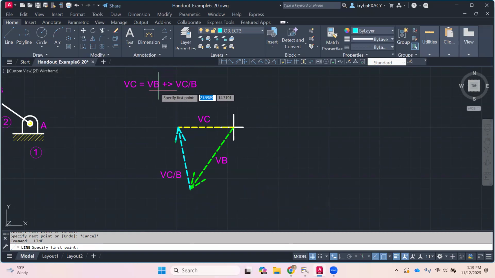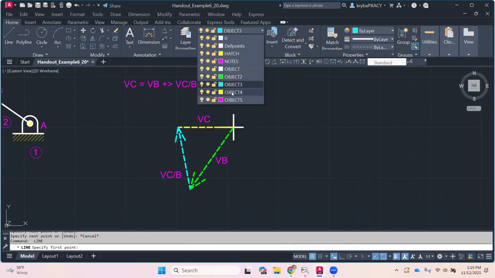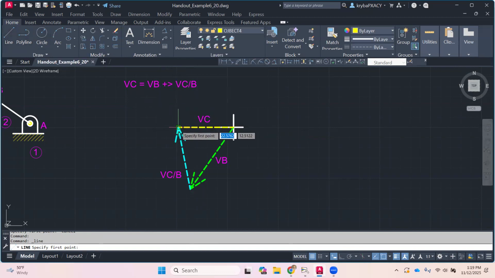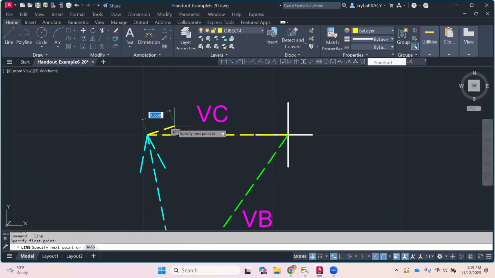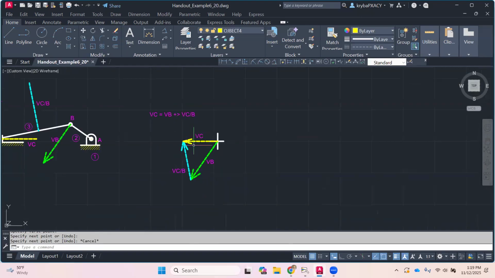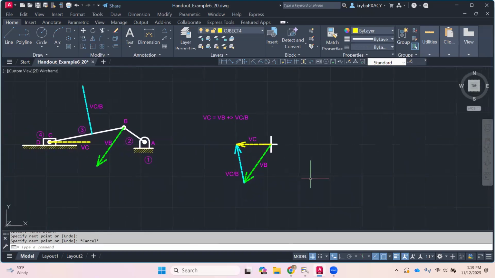So then I have everything defined on my right-hand side. I'm going to cross over the equal sign. And for the velocity of C, the tail is going to start at the origin, and the tip is going to go to the tip of the last vector on the right-hand side of the equation. That means my vector for VC is going to point to the left, which is what we were anticipating.